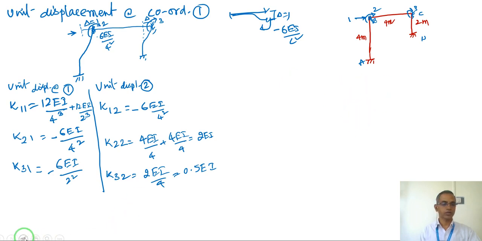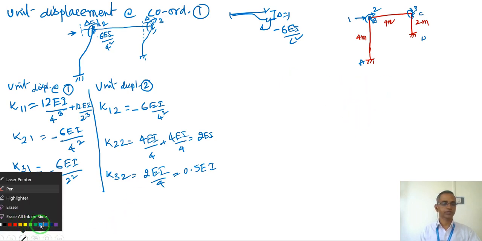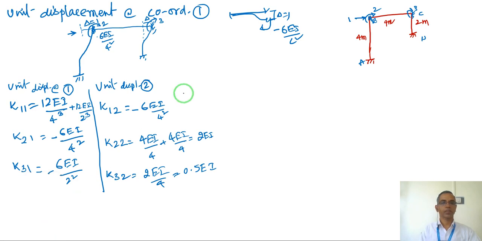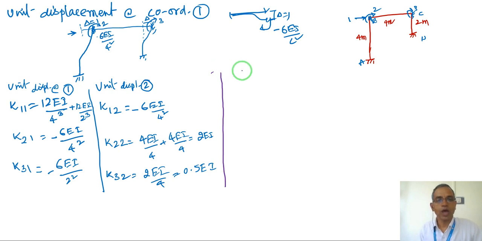So let us go to the next. Now I am going to apply the unit displacement in coordinate 3. When I apply unit displacement in coordinate 3 direction, that means I am applying unit rotation.